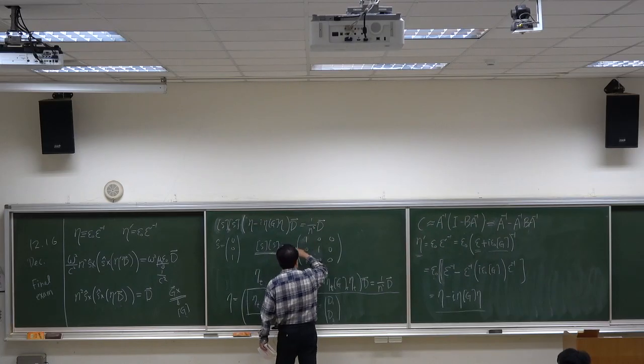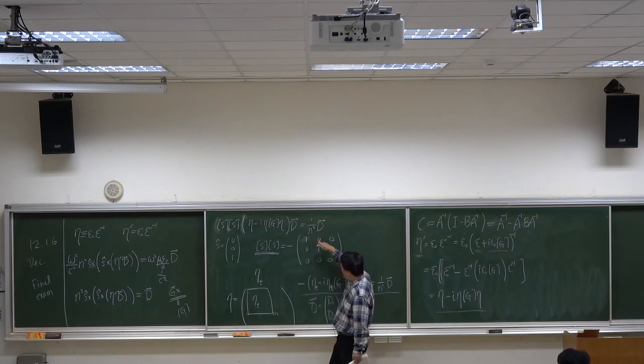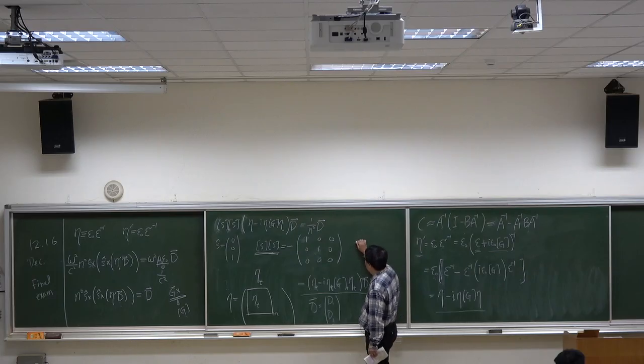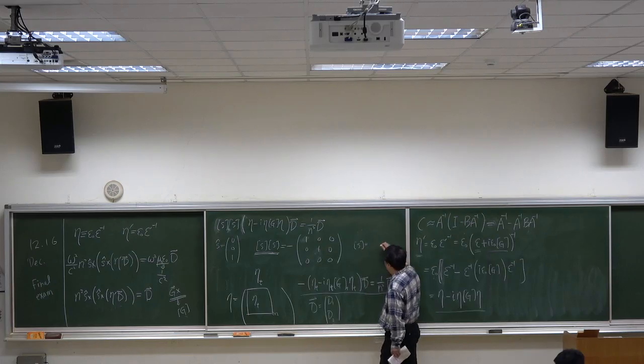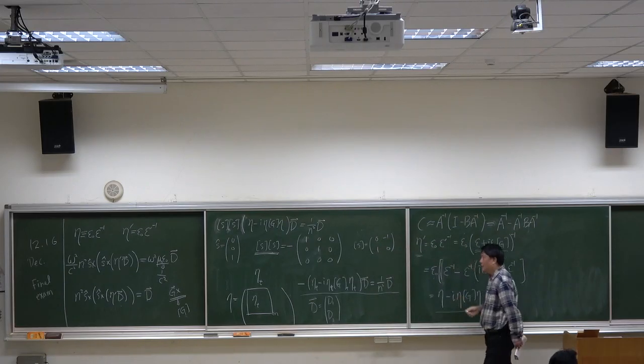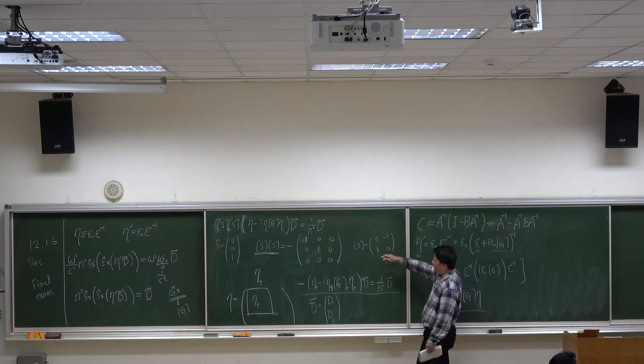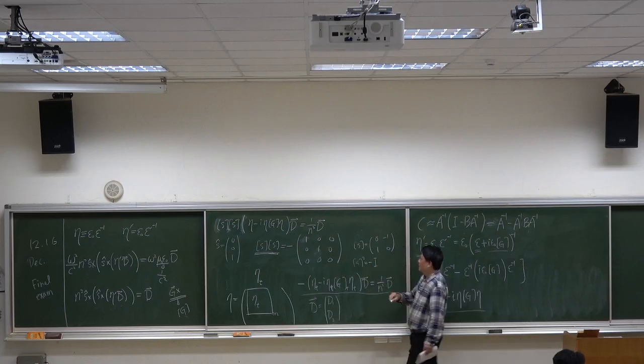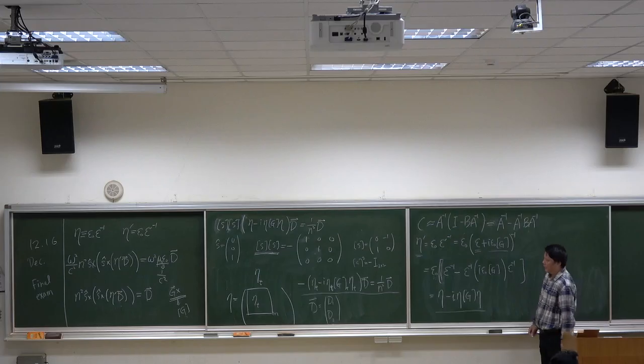S times S is equal to minus 1, 1, 0. This diagonal matrix. So you can replace S as the 2 by 2 matrix, and you can check that the square of this x is minus 2 by 2 unit matrix. Okay?